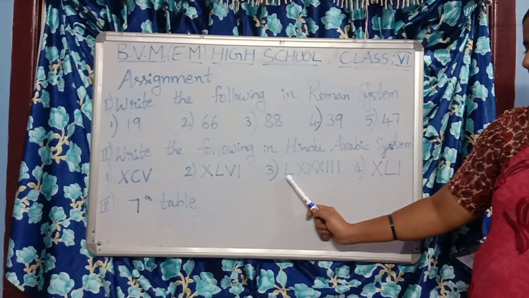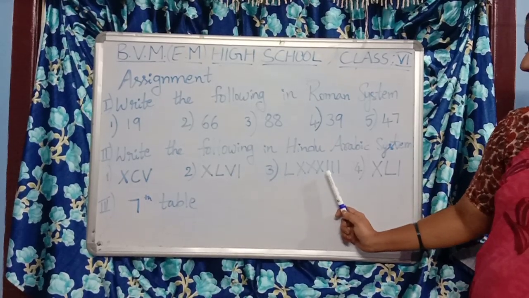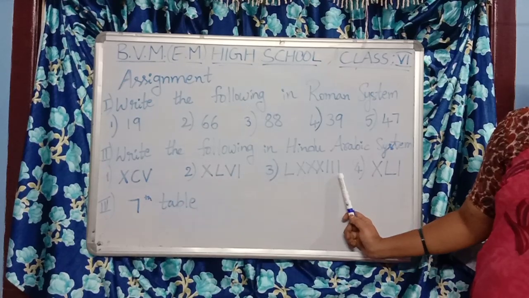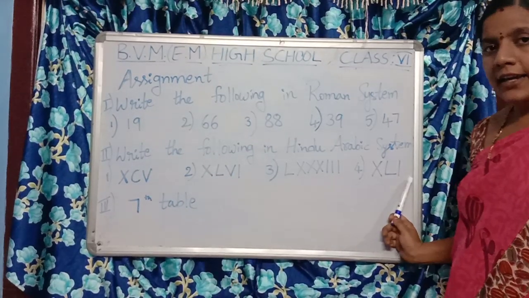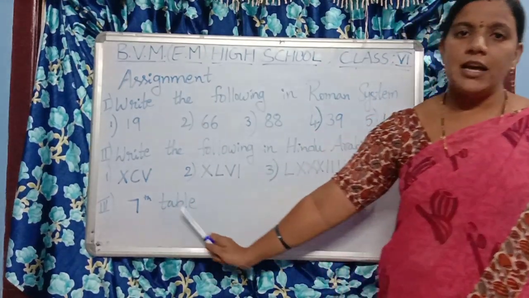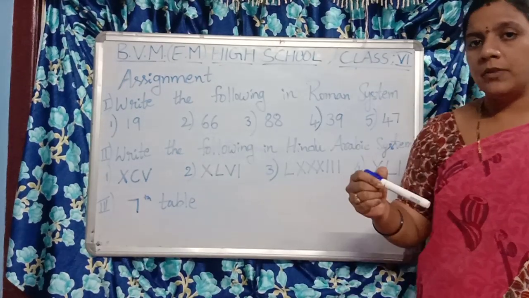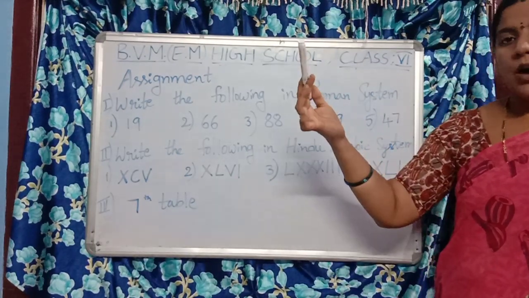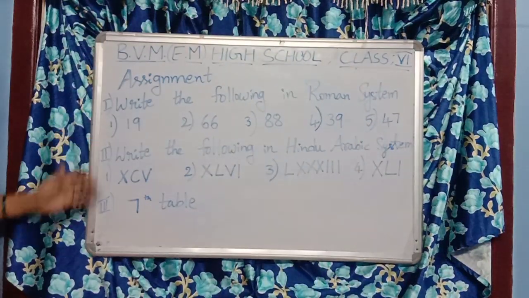Third one, LXXXII. Fourth one, XLI. And next, third one, seventh table up to 20 steps. You have to write top to bottom and from bottom to top also. Complete this assignment.